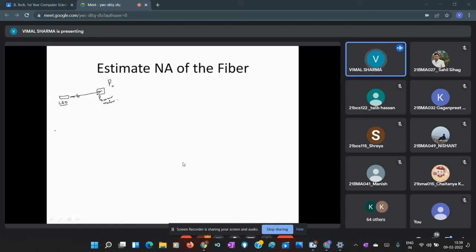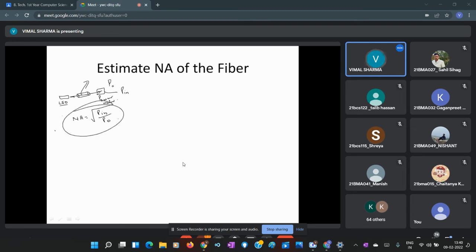Then we put the optical fiber here. The second time we do the measurement, we put the optical fiber here. Then again we measure power here. And from this ratio, the numerical aperture is under root of the power with the optical fiber placed between the LED and power meter divided by P naught, when nothing is there between these two.